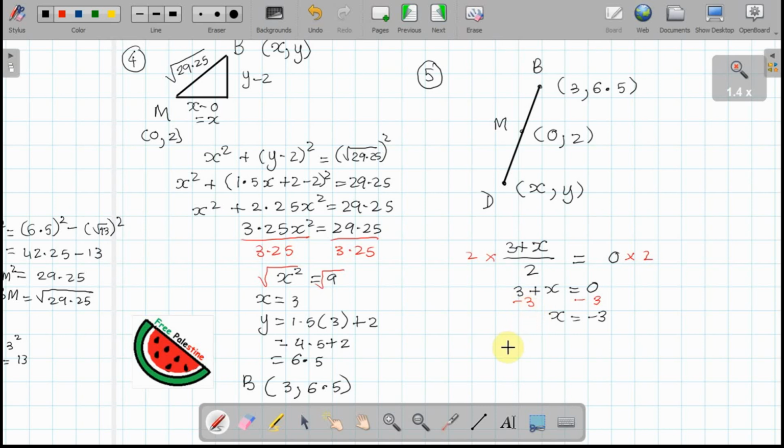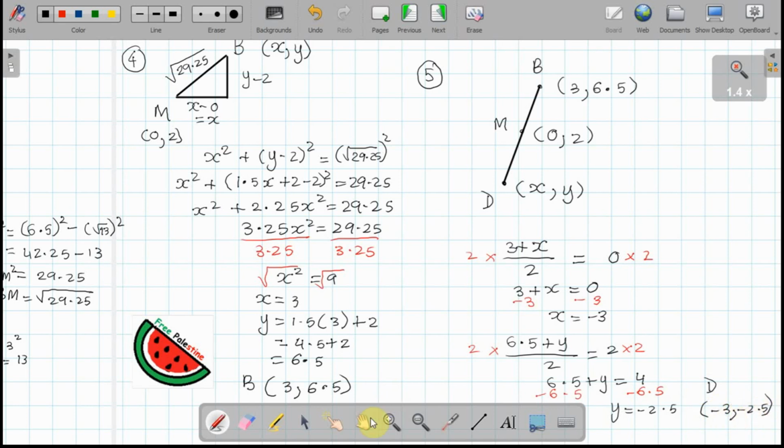So 6.5 plus y divided by 2 is equal to 2. Multiply both sides by 2. So 6.5 plus y is equal to 4. Then you subtract 6.5 both sides. So y is equal to minus 2.5. So the coordinates for D should be minus 3, minus 2.5.